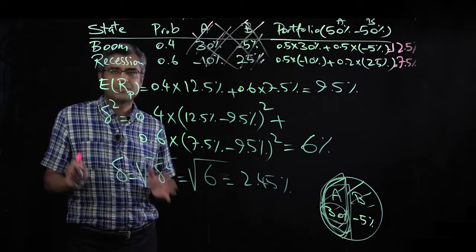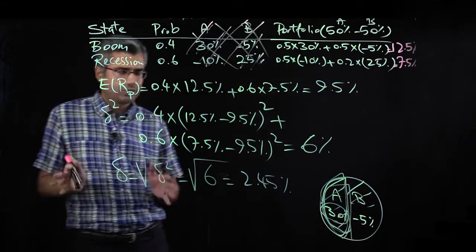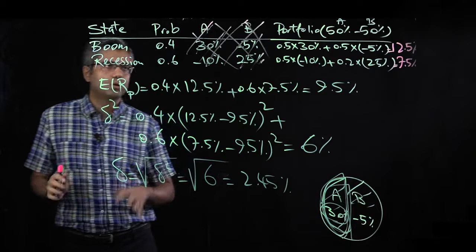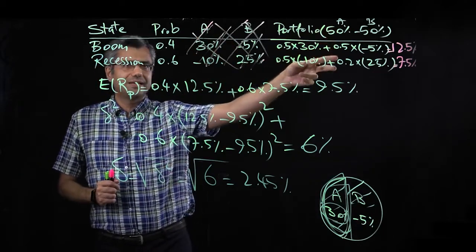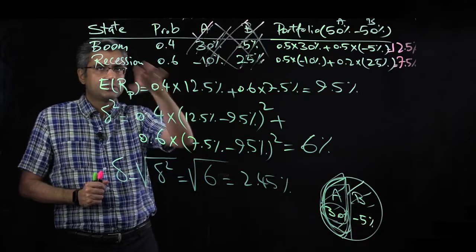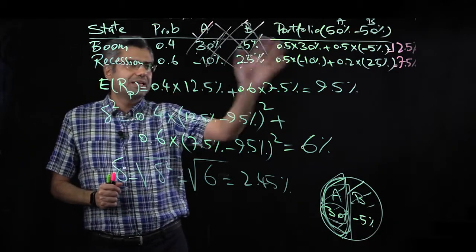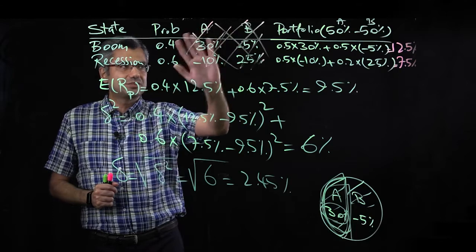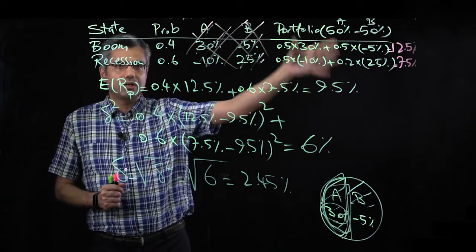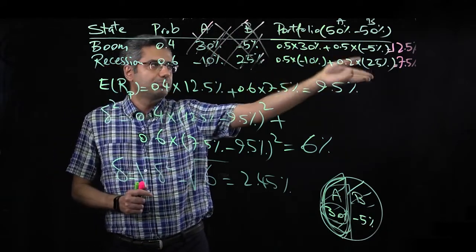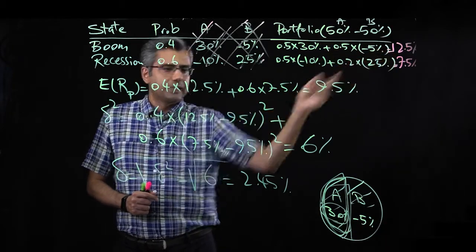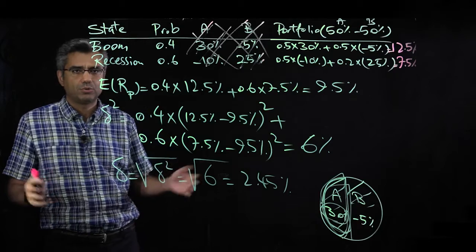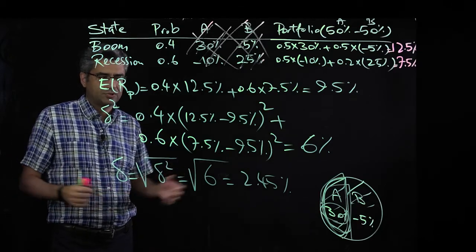So to compute the expected return and variance or standard deviation of a portfolio, first you need to compute the portfolio return for each of these scenarios, these states, and then you will ignore the single stocks and just work on this new column of portfolio. So it's like a single stock, but we named it portfolio. And then you do the same calculation that you already saw for expected return and standard deviation.